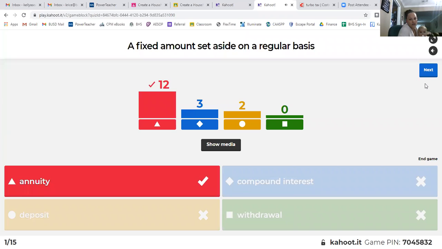So that is an annuity. That's the definition. A fixed amount set aside on a regular basis.